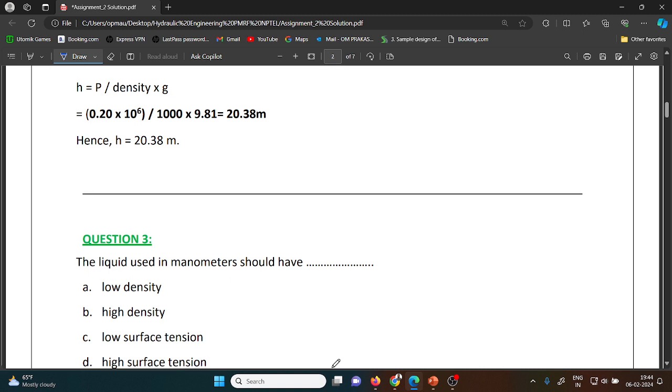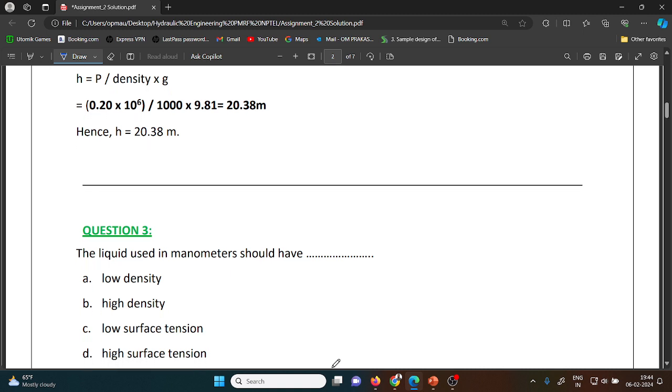Liquid used in manometer should have low density, high density, low surface tension, or high surface tension. High density, sir. Yes, high density, because of the concept behind it. Why high density?